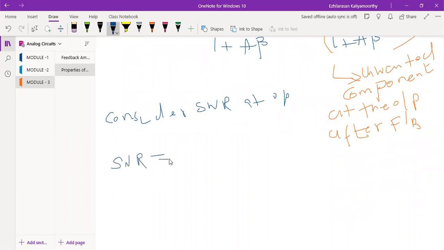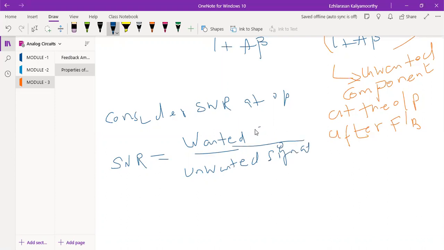Signal to noise ratio is nothing but defined as the ratio of wanted to unwanted signals. That is simple. So the ratio of the wanted to unwanted signal component: wanted signal divided by unwanted signal component.